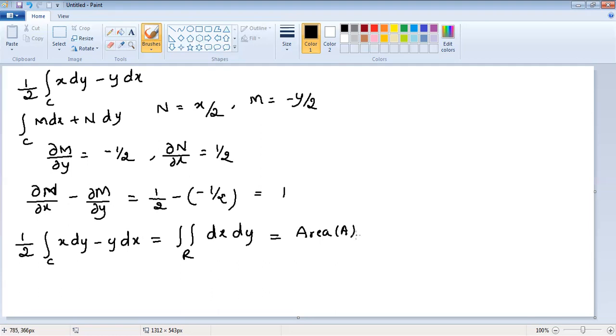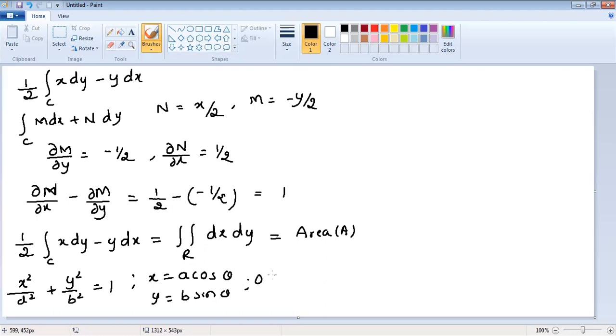Now, to find the area of the ellipse. Given ellipse is x square by a square plus y square by b square is equal to 1. So we know x is equal to a cos theta and y is equal to b sin theta, and theta lies between 0 and 2 pi.